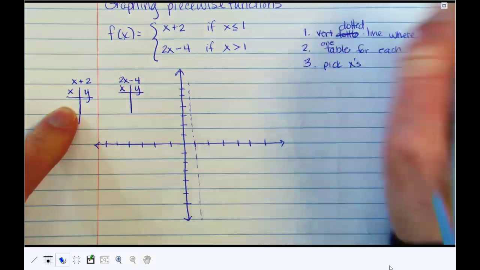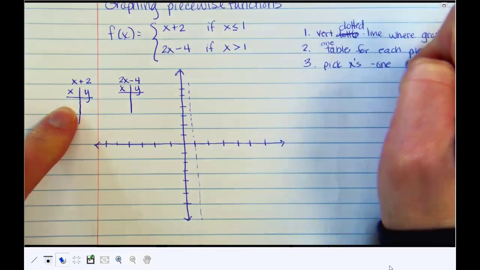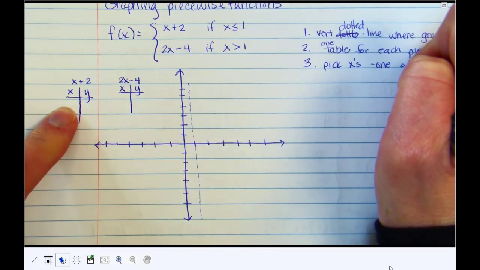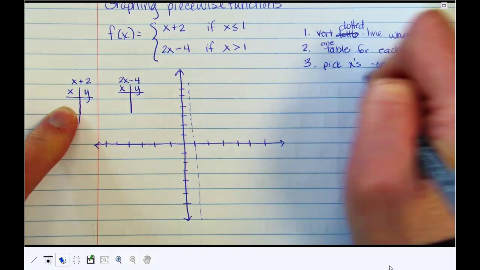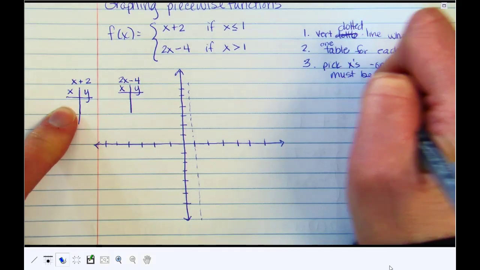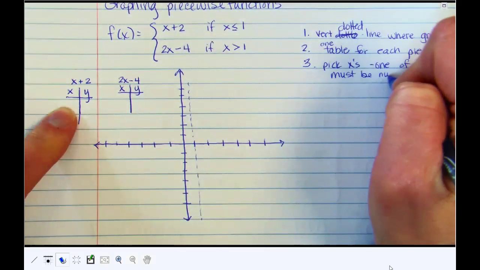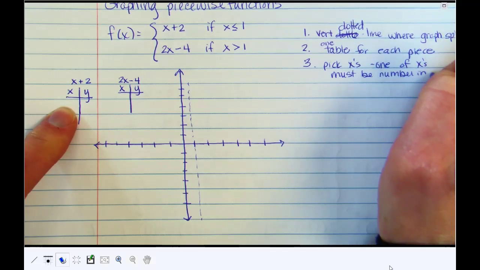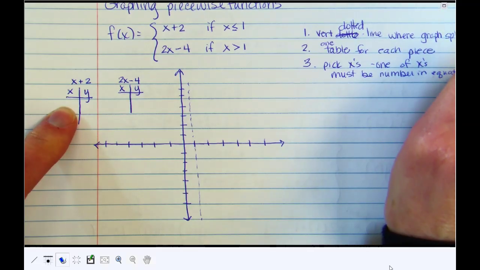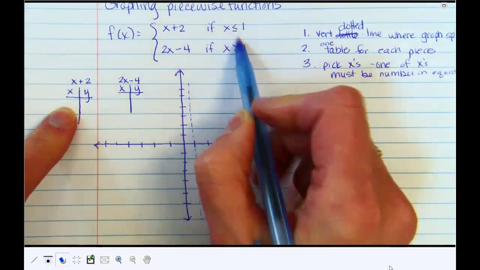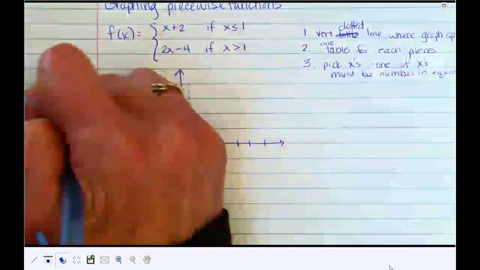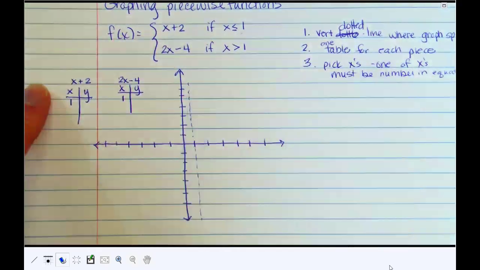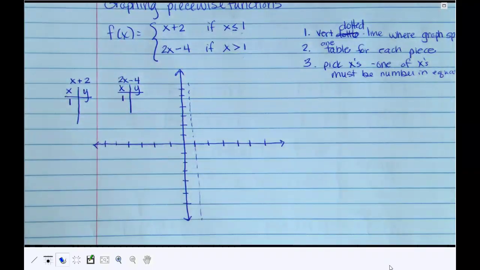One of the x's must be the number in the equation. It's 1, right? Because this is 1 and this is 1. So they each have to have that. That's not an option. So you only get choices in one thing here. It's 2 choices, but only one thing.